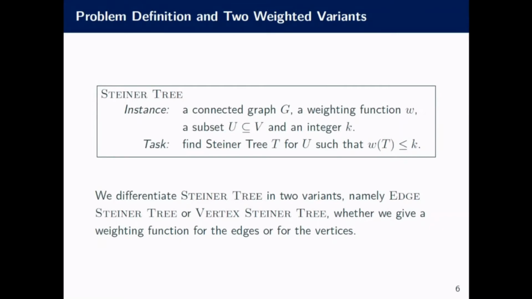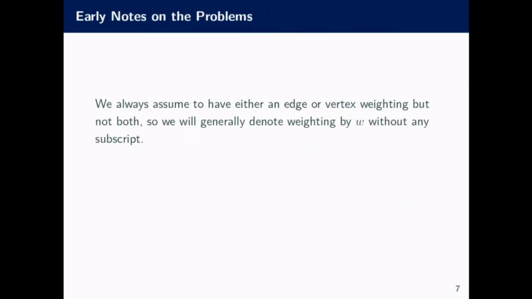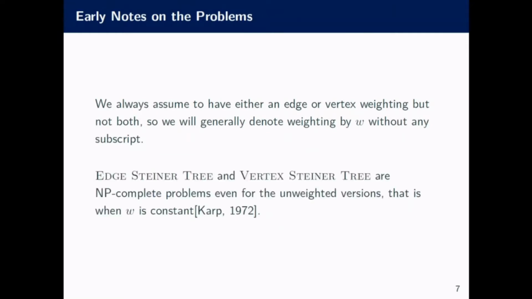We differentiate this problem into 2 variants, namely edge Steiner tree and vertex Steiner tree, whether we give a weighting function for the edges or for the vertices. However, we will not give both at the same time. These problems are NP-complete, and also for the unweighted versions, so also when the weighting function is a constant, by Karp.